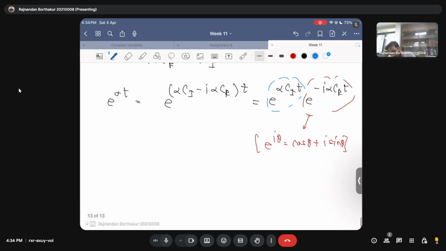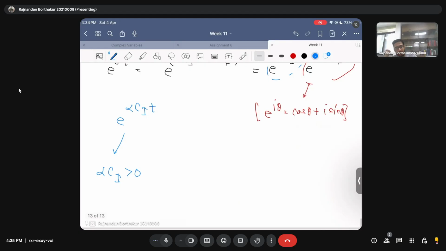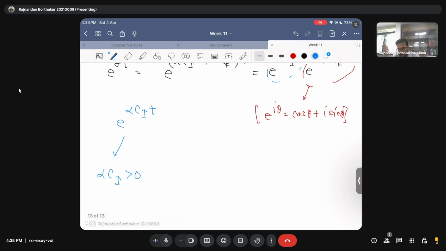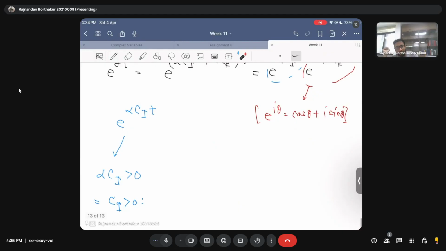If we look at the term e power alpha ci t, if alpha ci is greater than 0, and since wave numbers are always greater than 0, this equivalently means that ci is greater than 0, then this term is going to exponentially increase with time. This means that if I add a perturbation, the perturbation will grow with time.